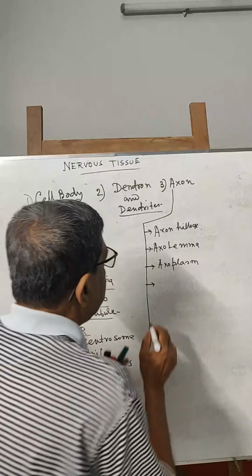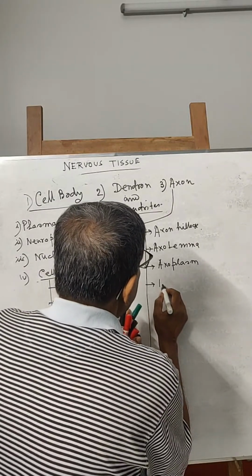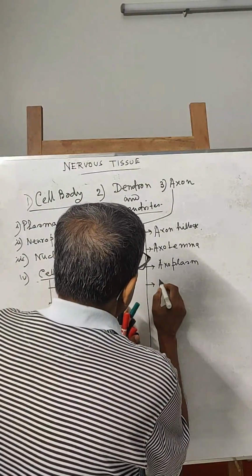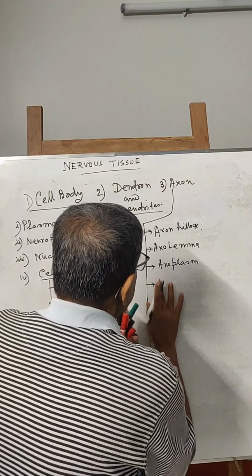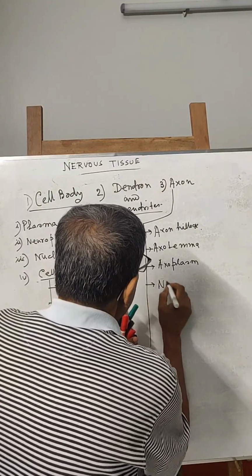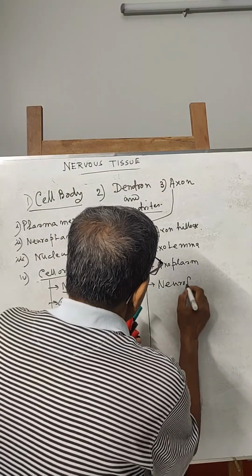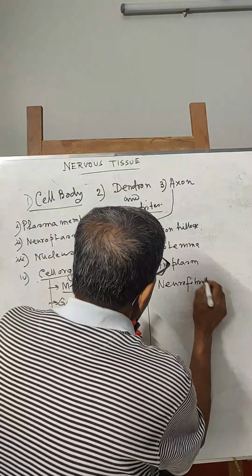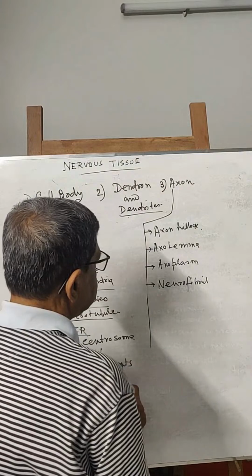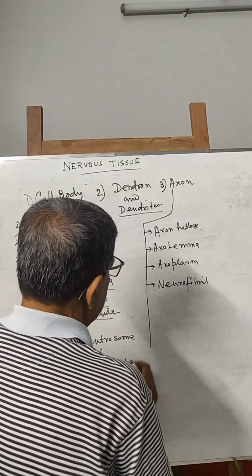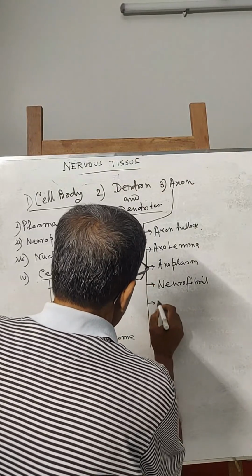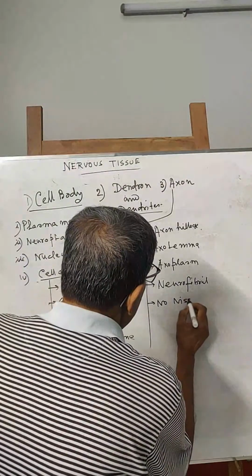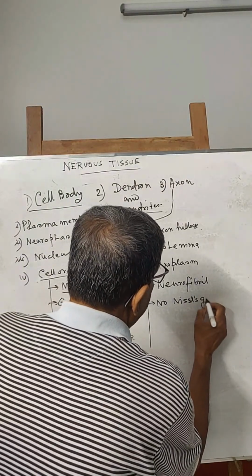It may be found in the axoplasm, that is, the neurofibril. Neurofibril is present. No Nissl granules.